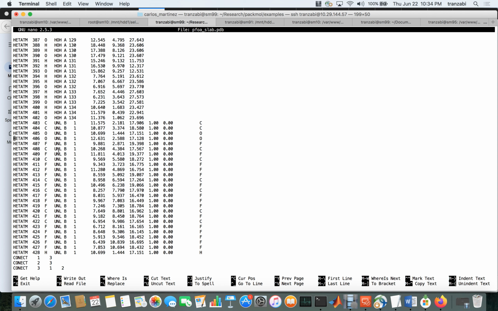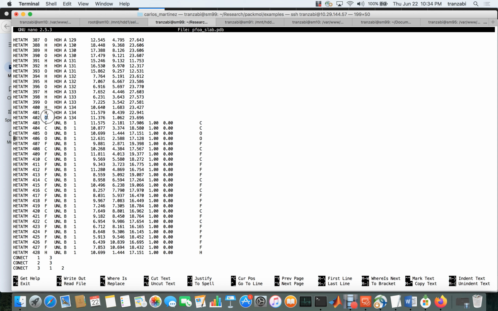One last thing: remember that the atomic symbol within the line which has U and L in column 4 will be different than the same symbol in the section that has HOH in the 4th column. As an example, this O with HOH in the 4th column will be different than this O with U and L in the 4th column.